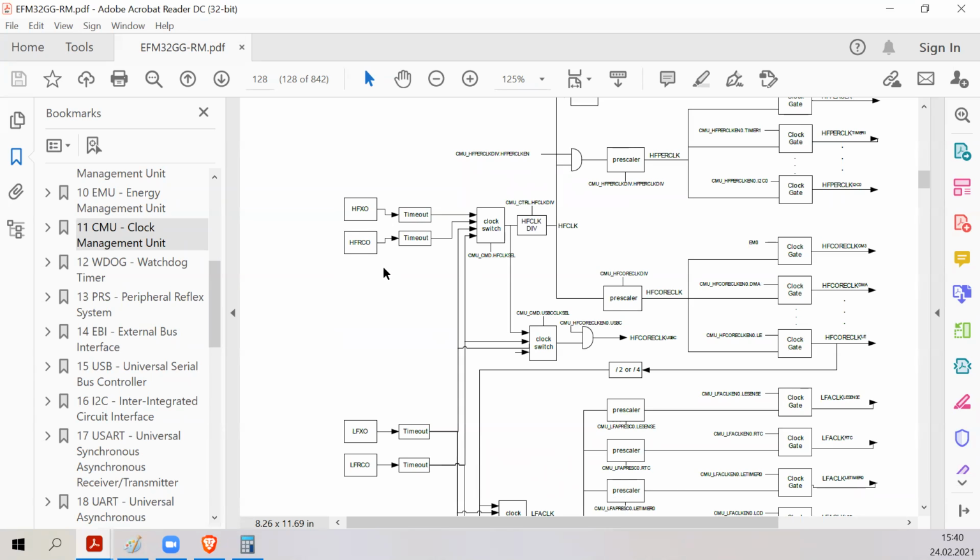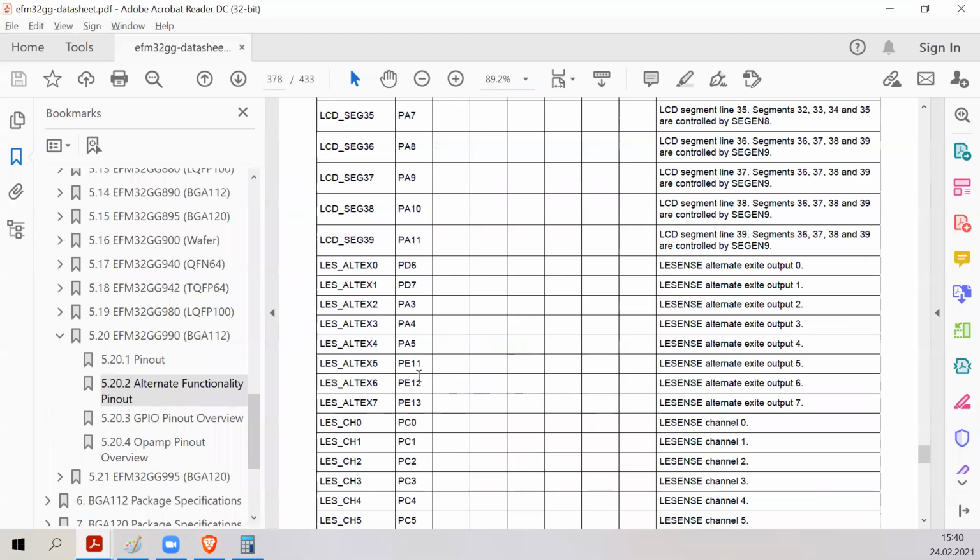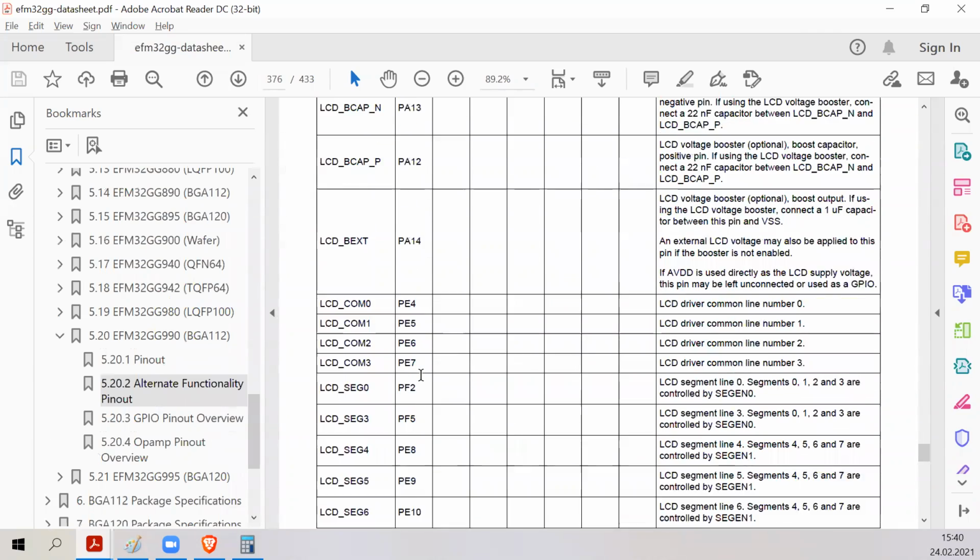These RC oscillators, usually 30 megahertz is the limit, because RC isn't really the best way to generate frequencies. Crystals are much better. So to run it at 48 megahertz, you definitely need to connect an external high frequency oscillator. And again, in the datasheet, you can check out to which pins you can connect it.